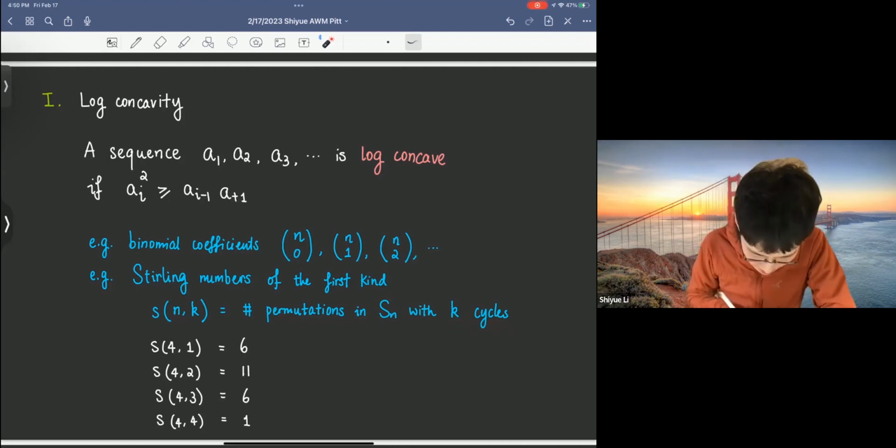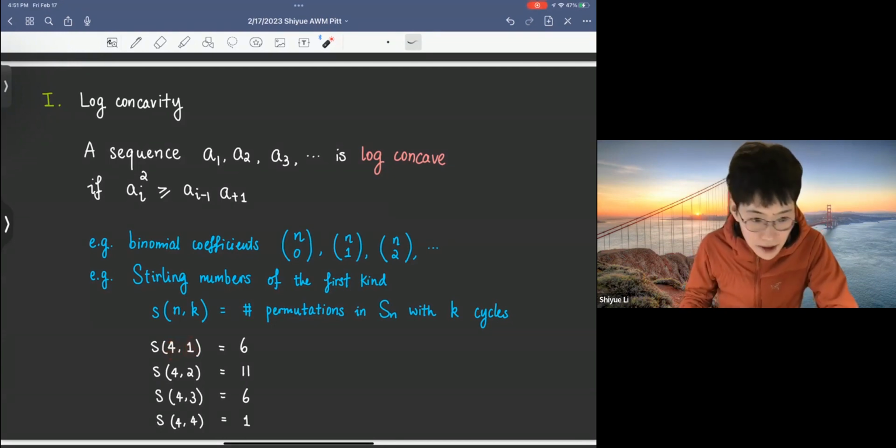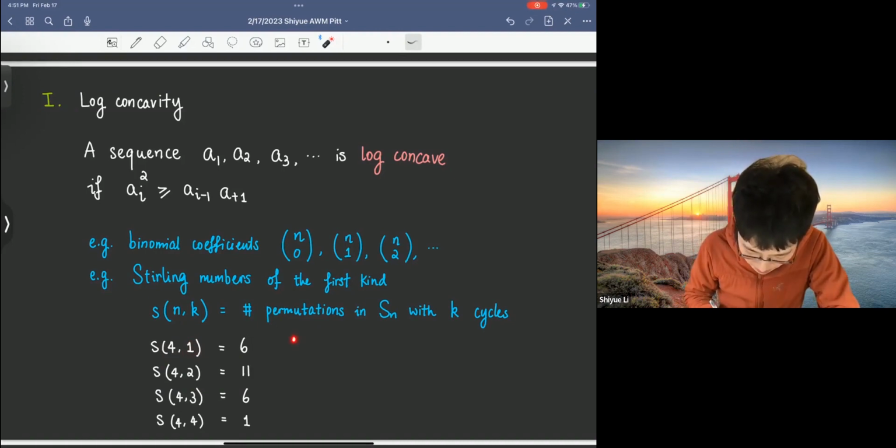Let me demonstrate using an example. Suppose n is 4, and I look at the case when k is equal to 1. I want to look at a permutation that permutes 4 elements and has exactly 1 cycle.